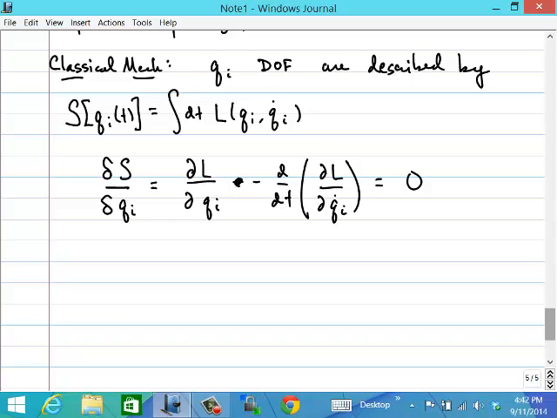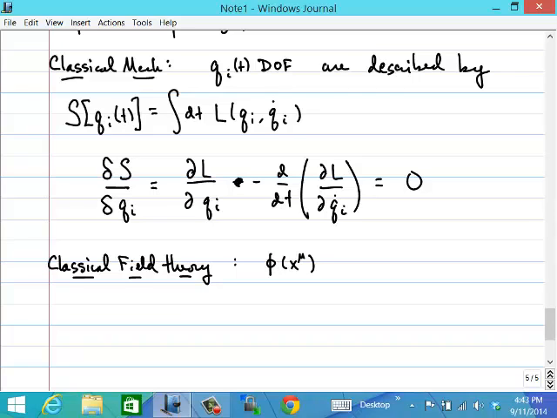Okay. So now in classical field theory, we have some degrees of freedom phi that are functions not just of time, as these q_i's were, but are functions of space-time via the coordinate x mu.